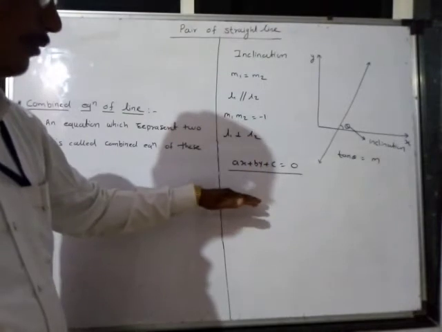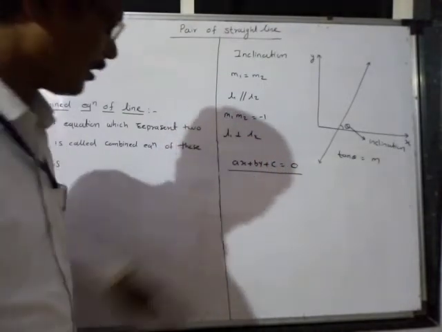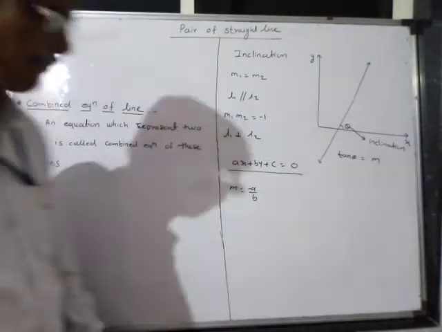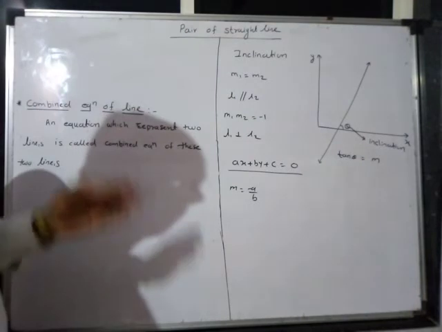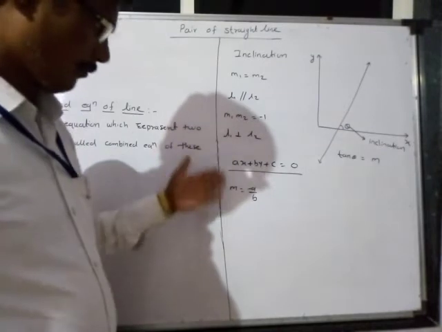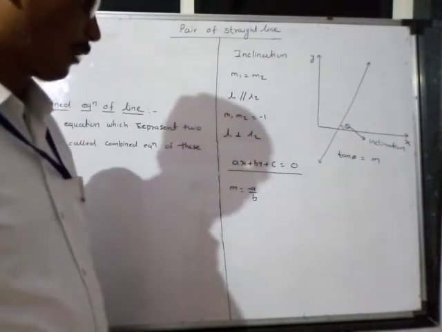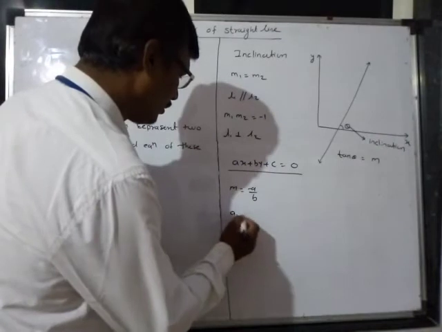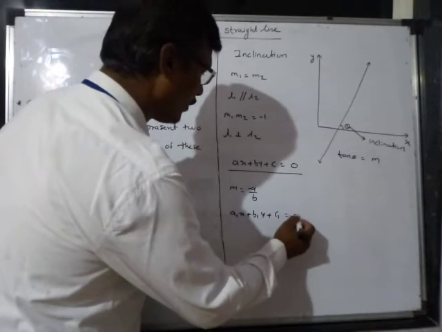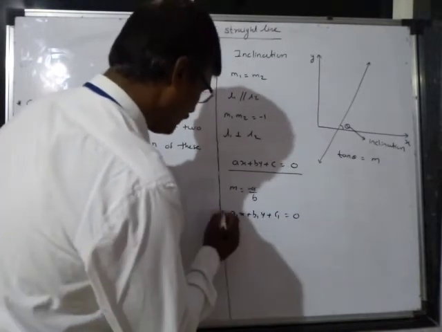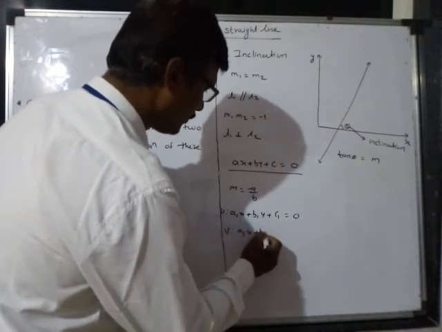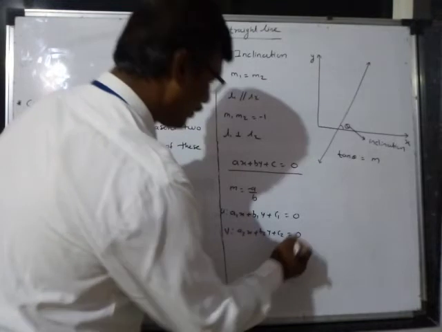Also, we find the slope of this line, that is m is equal to minus a upon b. In the last point, we combine two lines, that is u: a1x plus b1y plus c1 is equal to 0, and v: a2x plus b2y plus c2 is equal to 0.